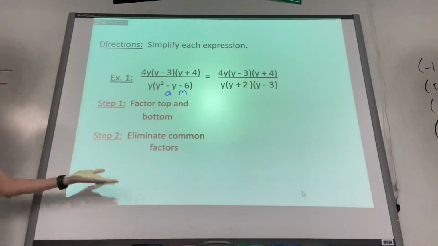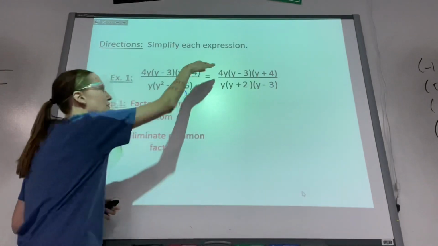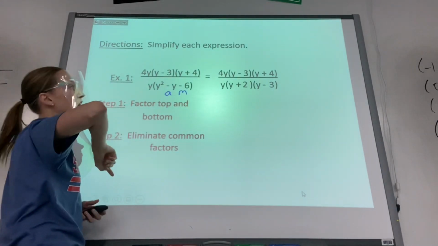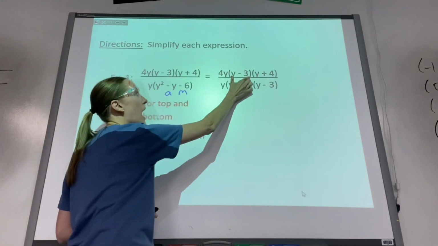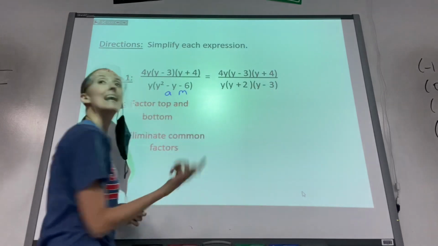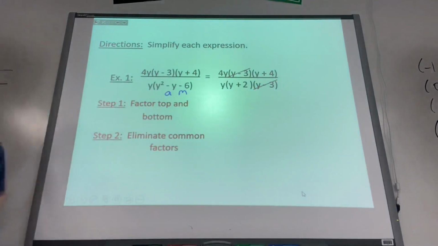And common factors just means the stuff that's the same. So if you look on the top and the bottom, the first thing I notice is the top has a y minus 3. The bottom has a y minus 3. Those are common factors. We're going to drop those out.